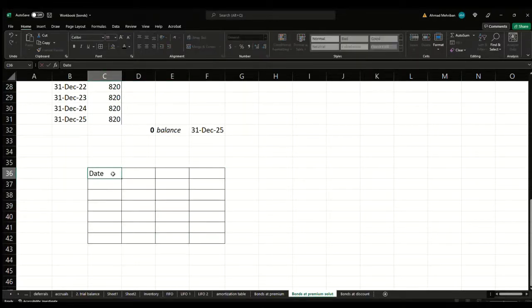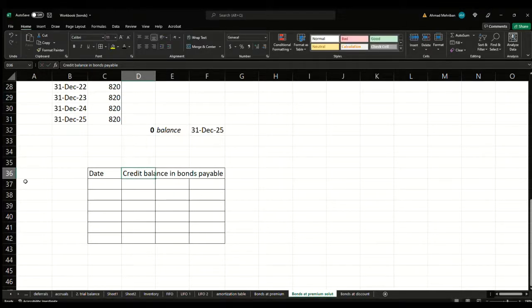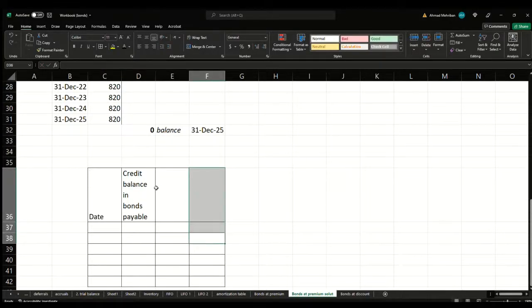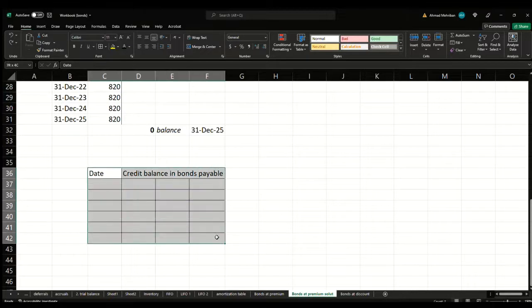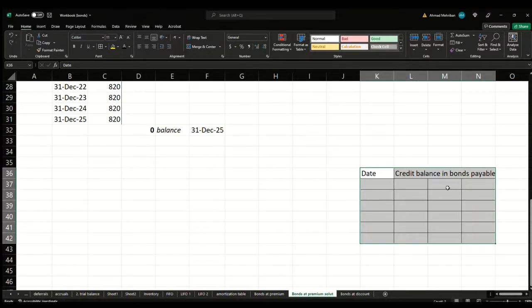The date, the credit balance in the bonds payable account. Let me bring it down so that it looks neat. And while I'm building, let me move this table a little bit so that it doesn't mess with my other tables.